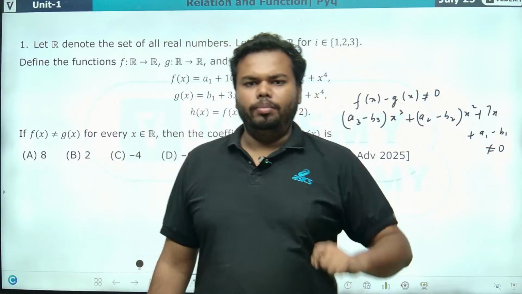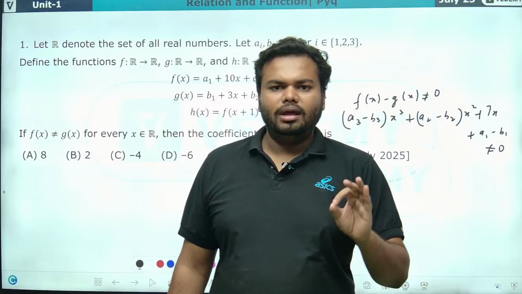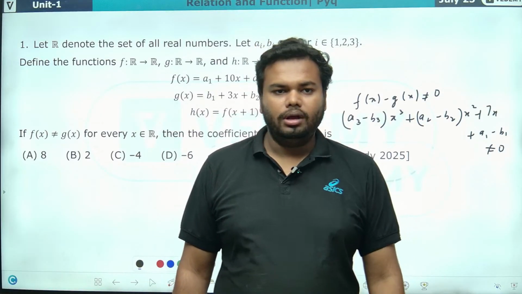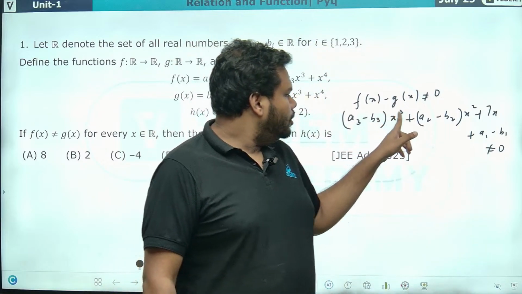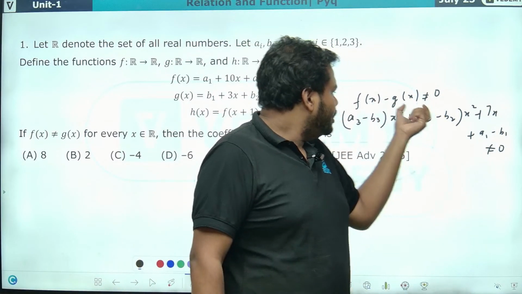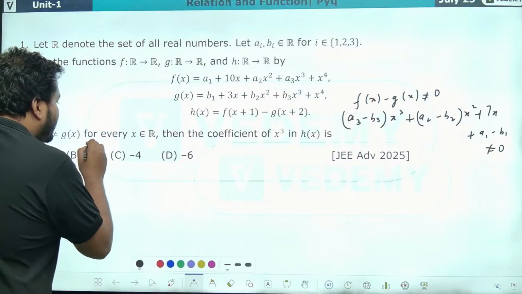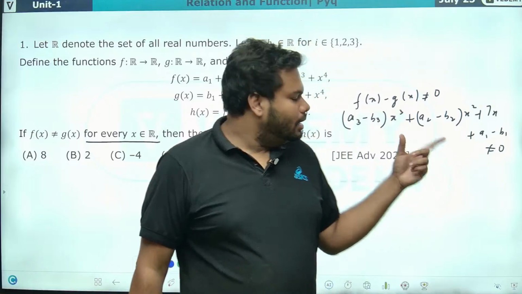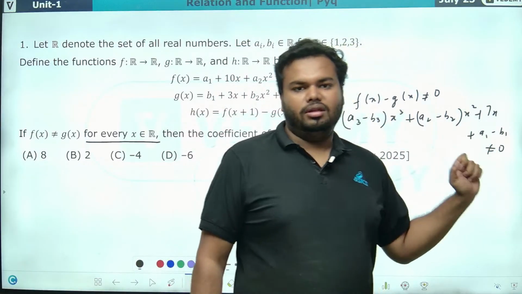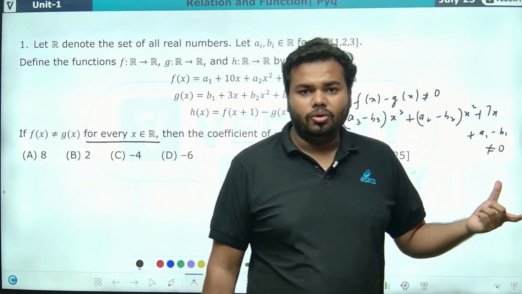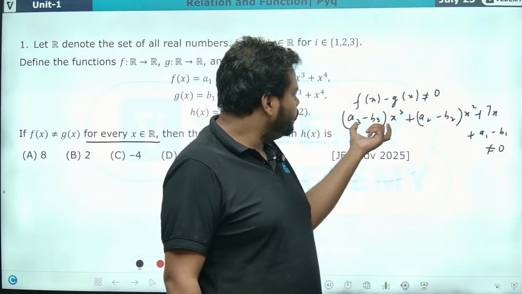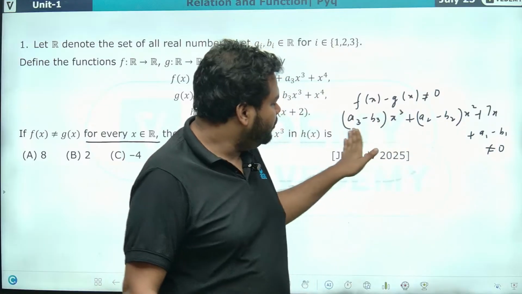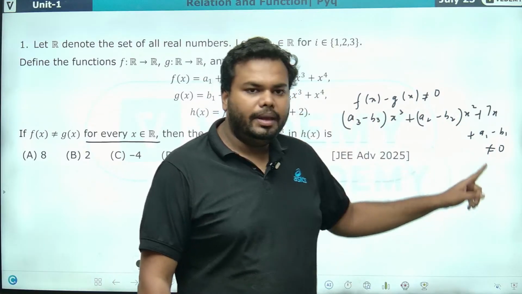For any cubic, there will be at least one root. There will always be one root. So it is telling that f(x) is not equal to g(x) for every x belonging to R. If it is a cubic, it cannot be always nonzero. So what we conclude from here is a3 equal to b3, because a cubic will be 0 at some point.